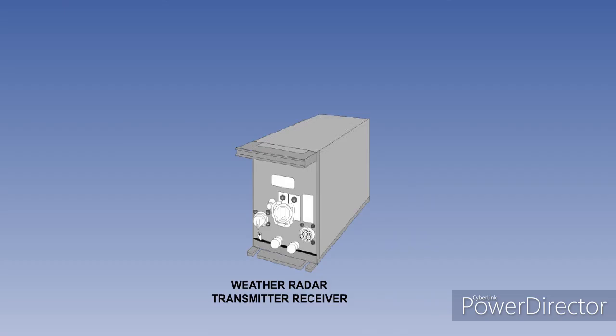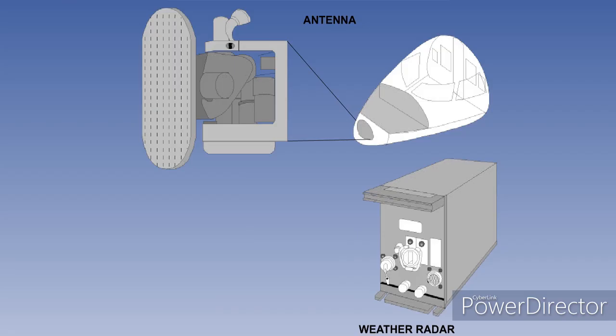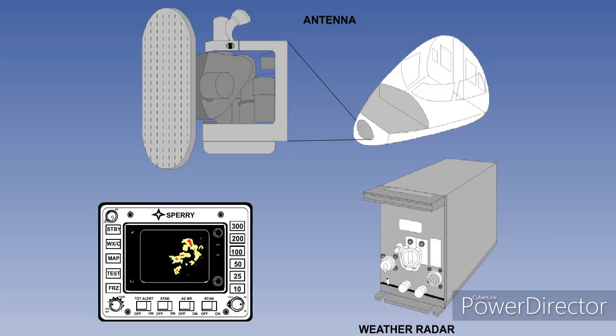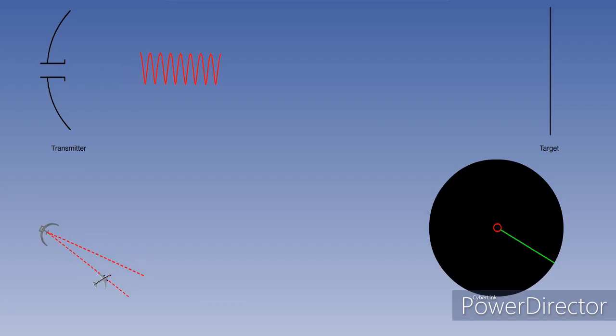The component parts of airborne weather radar are the transmitter-receiver, the antenna, the indicator, and the control unit. As with most mapping radars, the echo principle is used to detect slant range, and the searchlight principle is used to detect relative bearing.